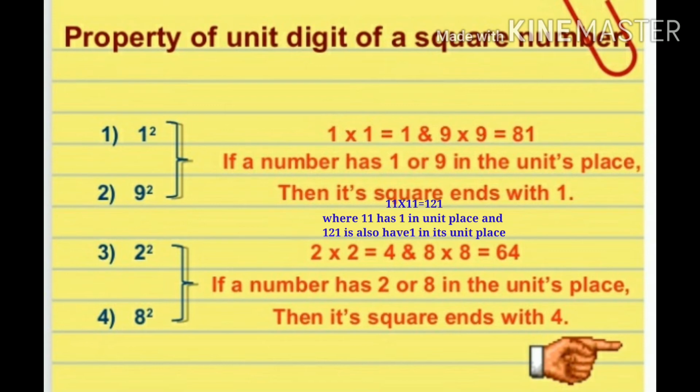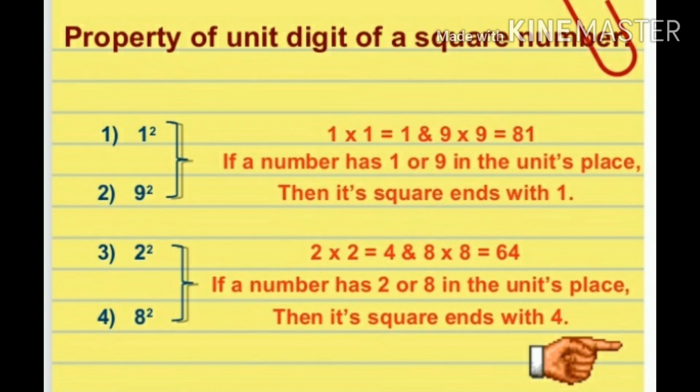Similarly, you observe examples number 3 and 4. Here 2 into 2 equals 4 and 8 into 8 is equal to 64. You observe, dear students, if a number has a 2 or 8 in the units place, then its square ends with 4.